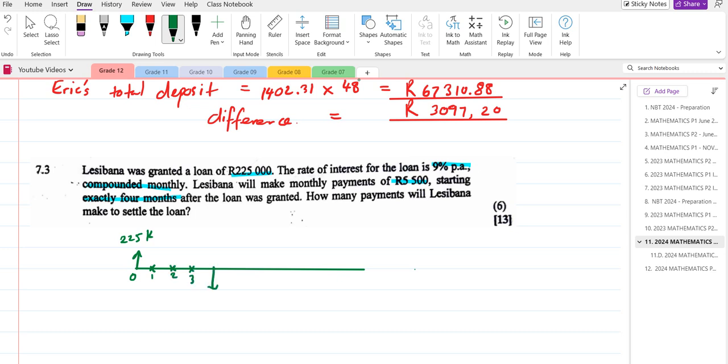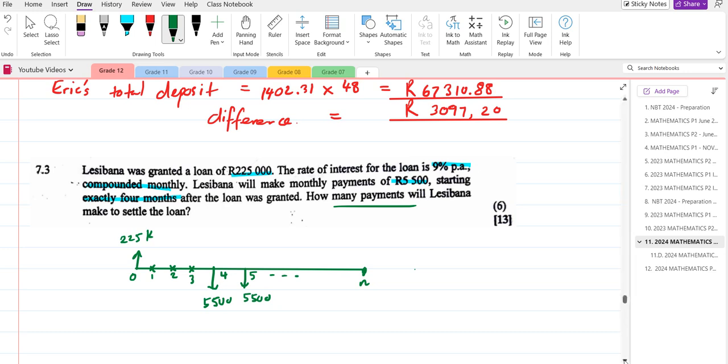Payment starts on the 4th month, of 5,500, and so on, right up till n. We don't know how long it will take to amortize the loan or to finish off the loan. How many payments n will Lesibana make to settle the loan? That's what you need to calculate.